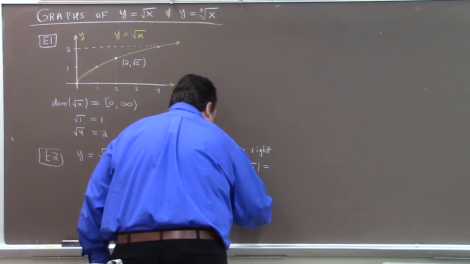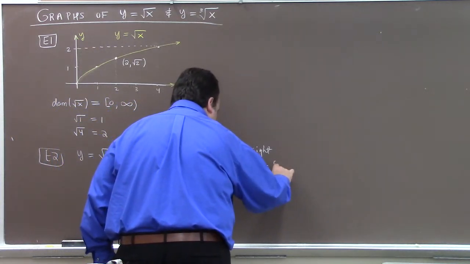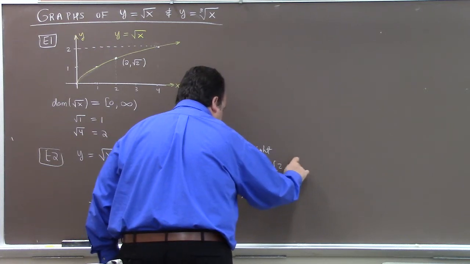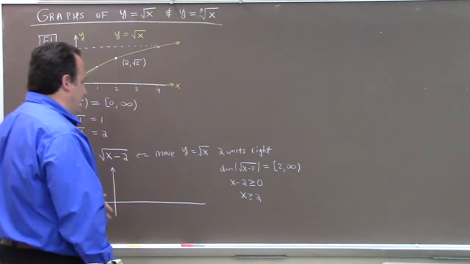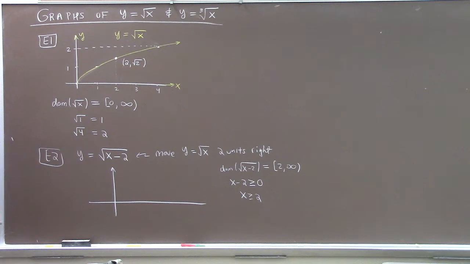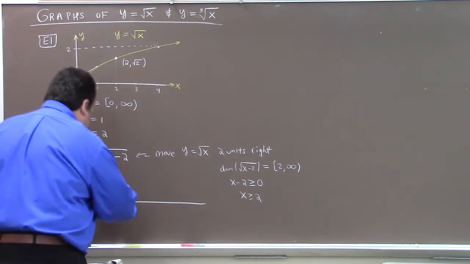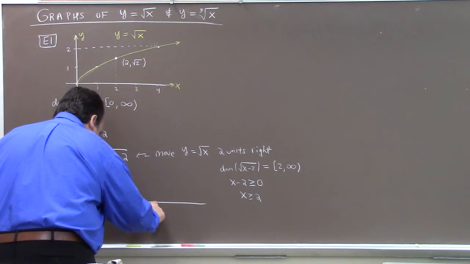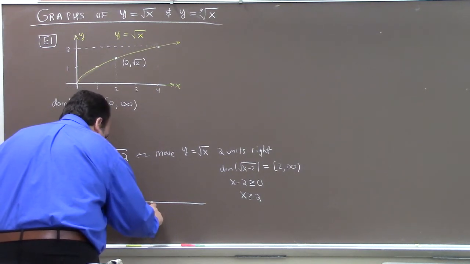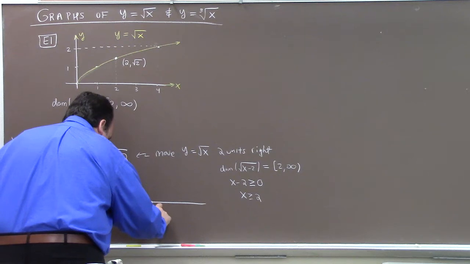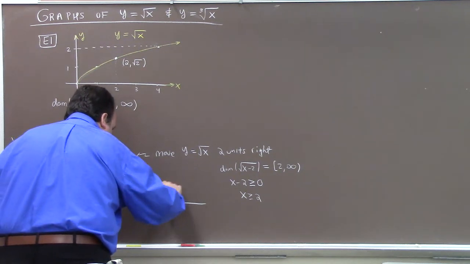So that's 2 to infinity. So the graph of the square root of x minus 2 doesn't start at 0. This one starts at 2, here at the point 2 comma 0, and it looks like this.